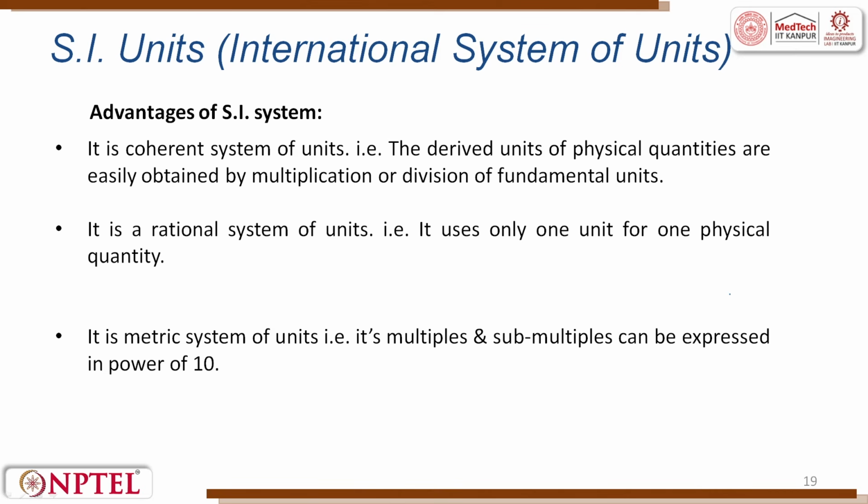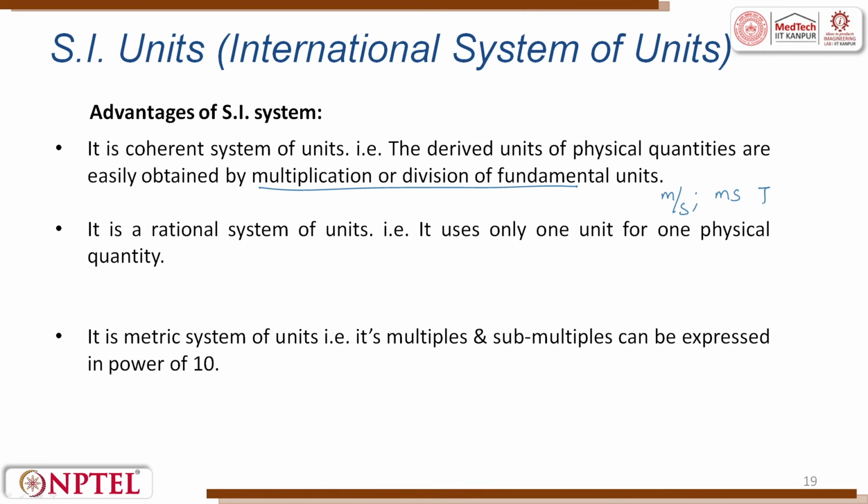So, what are the advantages of SI units? SI units are a coherent system of units, that is, the derived units of physical quantities are easily obtained by multiplication or division of the fundamental units. So, this is very important. It can be meter per second or meter second, right.